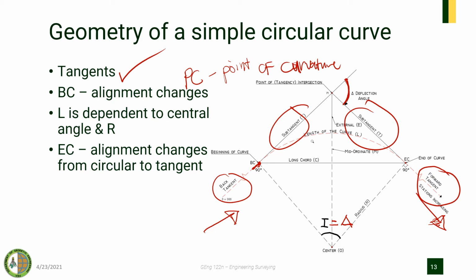It's up to you. What is important is that you know the parts and the geometry. Your L here for the simple curve is only an arc. If your central angle is 360, that is your circumference.